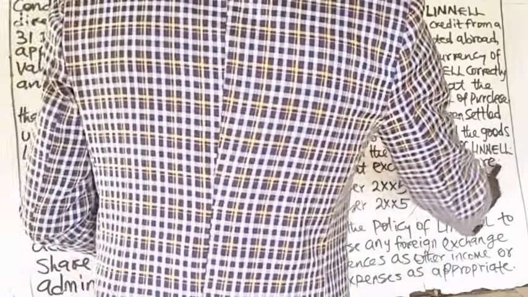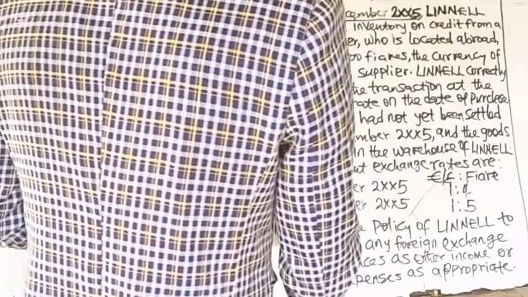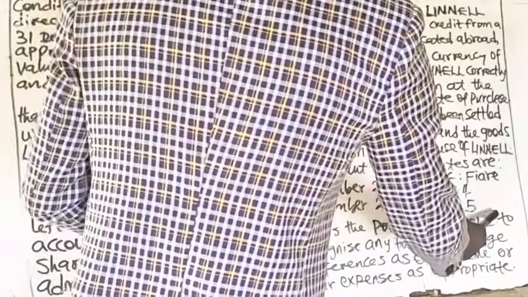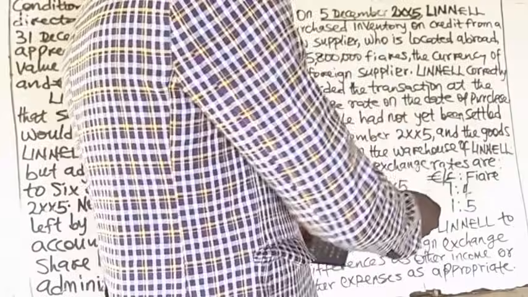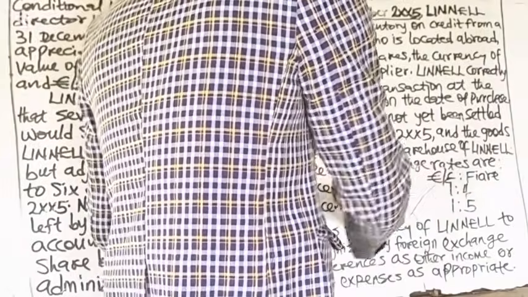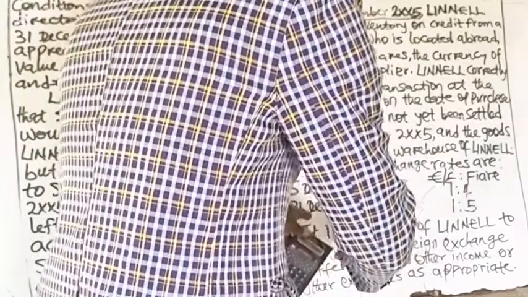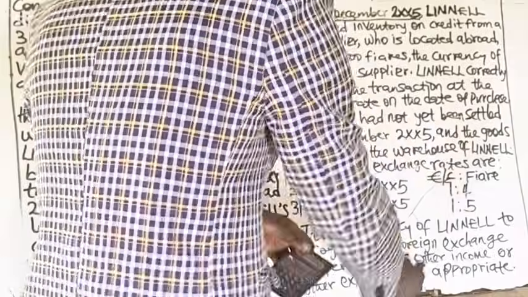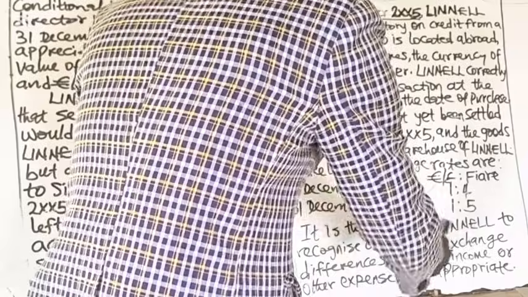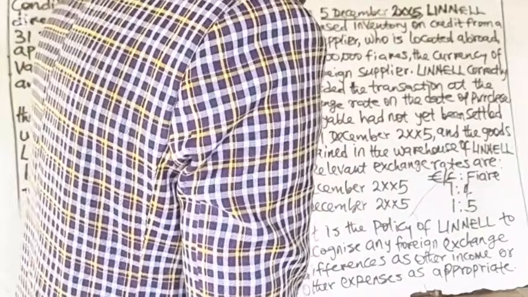Relevant exchange rates are, we have 5th of December 2005, 1 to 4. 31st of December 2005, 1 to 5. So now, since it was recorded at the exchange rate at the date of purchase of 1 to 4, then at the year end, since the invoice has not yet been settled, we have to remeasure it at the closing exchange rate, which is 1 to 5 at the reporting date.